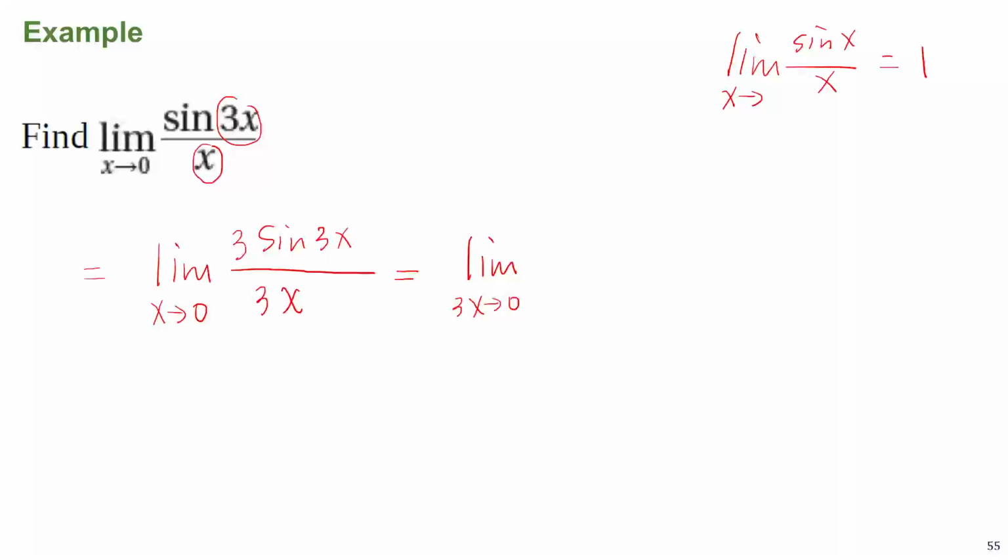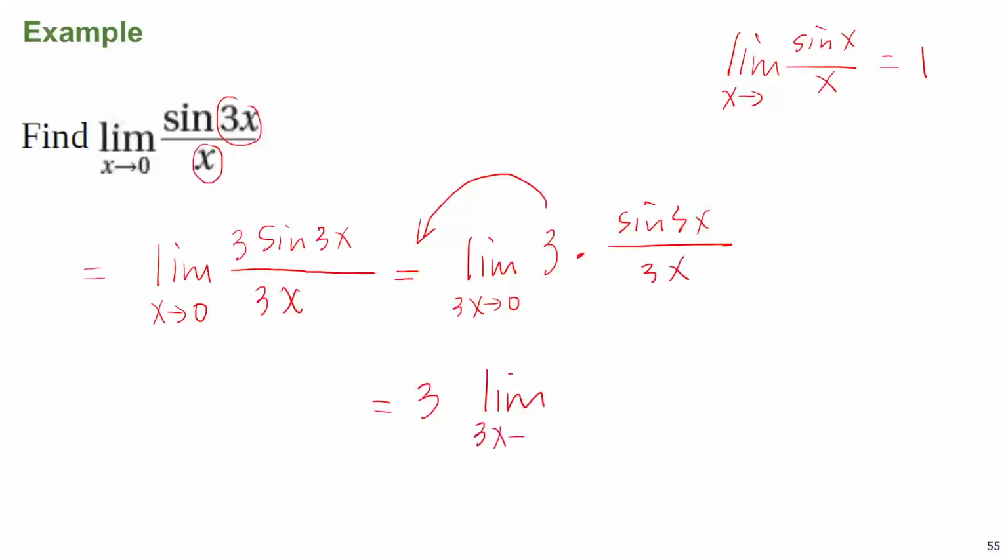So this will give you the limit as 3x approaches 0 of 3 times sine 3x over 3x. Of course, if you have a constant number here, you can put it in front. So that's 3 times the limit as 3x approaches 0 of sine of 3x over 3x.